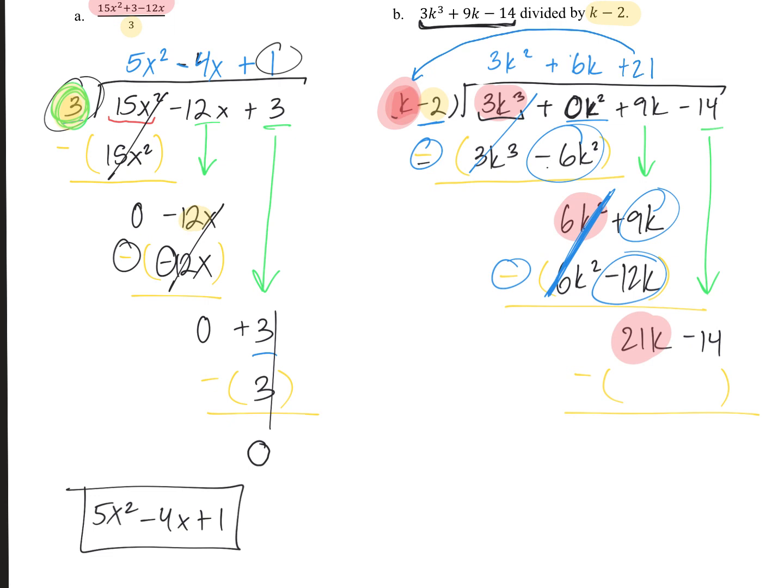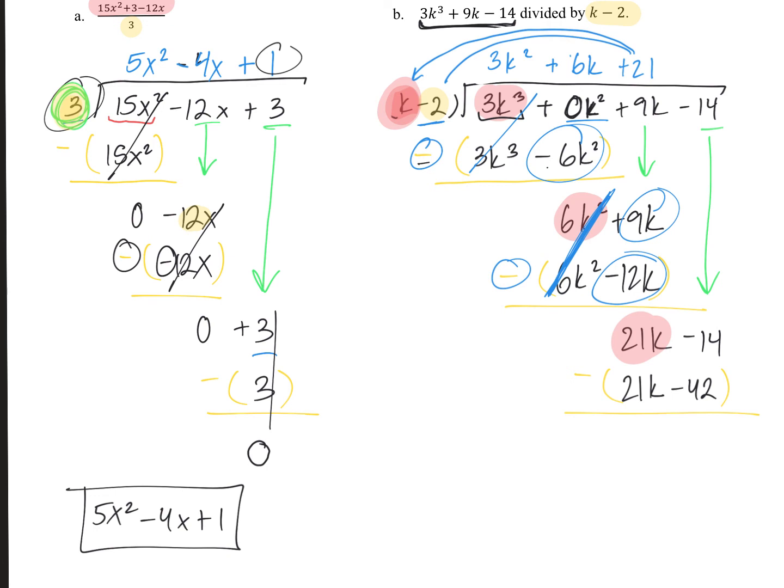All right, good. So we figured out it's 21. Then we'll do 21 times the negative 2. 21 times 2, that's going to be 42. So negative 42. All right, let's go ahead and do the subtractions. So 21k minus 21k, those two are going to cancel, which should happen because that's what we're aiming for.